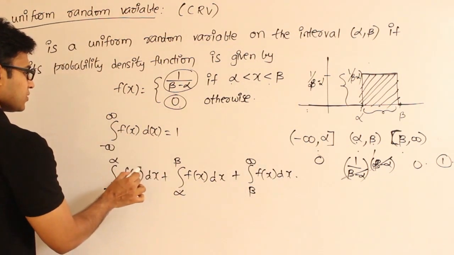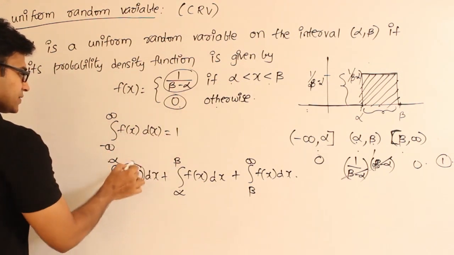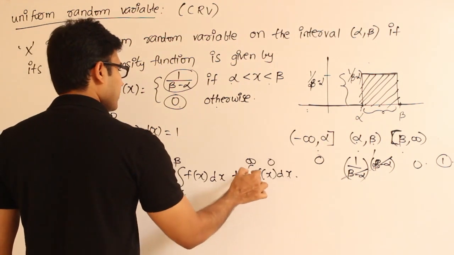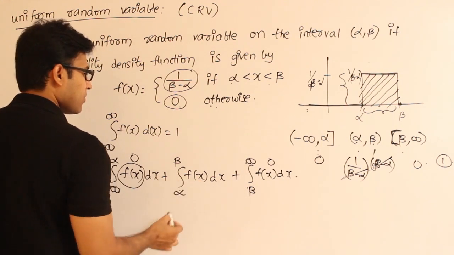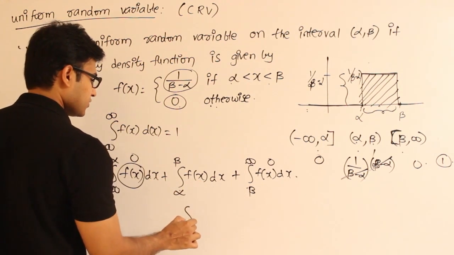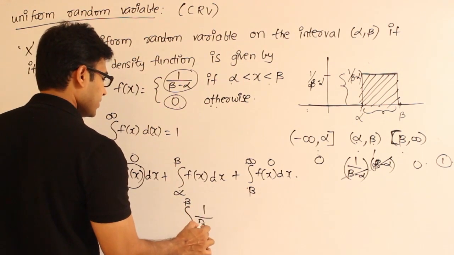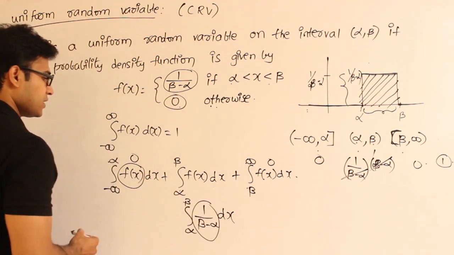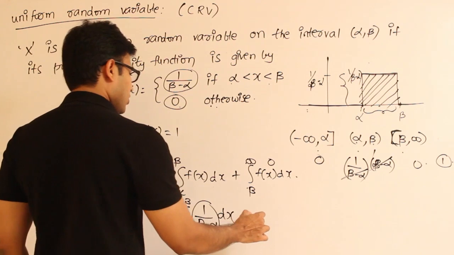Now the first one is 0, because from minus infinity to alpha it falls in the otherwise case, which is given as 0, and the last one is 0 because from beta to infinity it again falls in otherwise, which means 0. For the middle part the integration is alpha to beta of 1 by beta minus alpha dx, and this is a constant which is independent of x, so we can take it outside the integration. So what do we get?